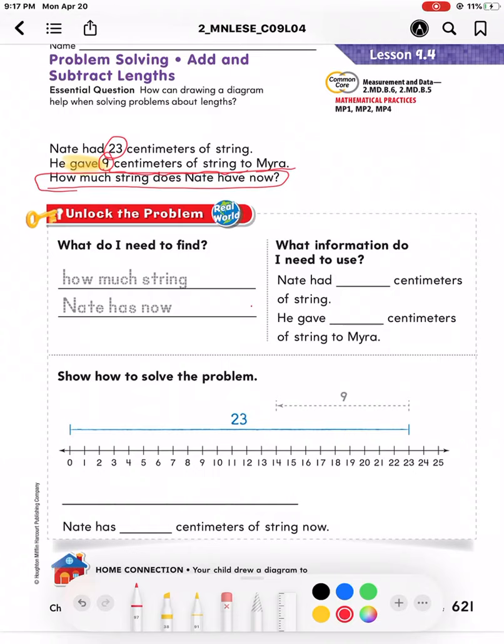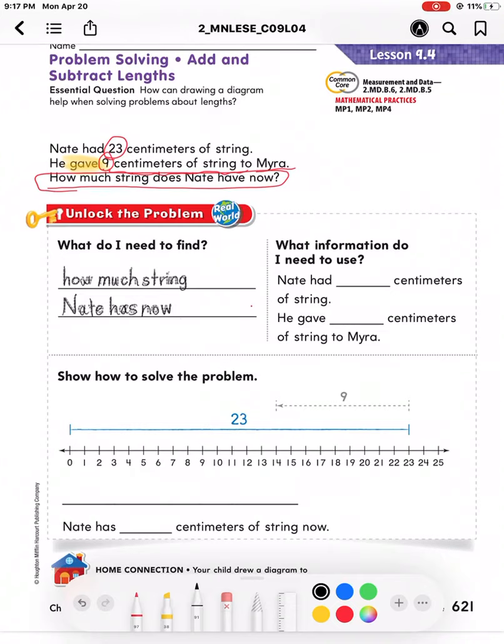So you are going to underline this: how much string Nate has now. Or actually, sometimes you can say how long Nate's string is now.